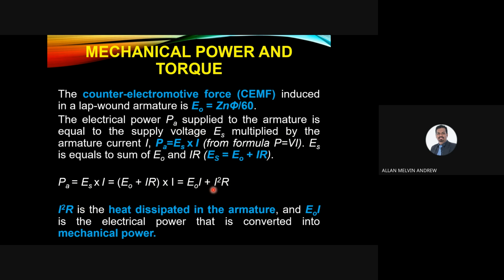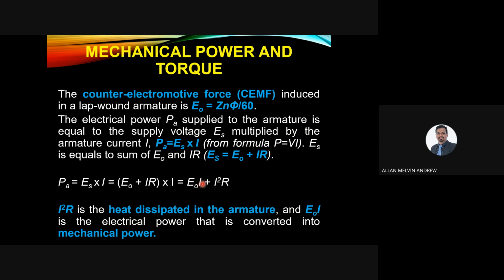Okay, so there are two components of power. I square R is the heat dissipated in the armature, because when the motor rotates, the armature will become hot and the heat will be dissipated. And E0I is the electrical power that is converted into mechanical power.